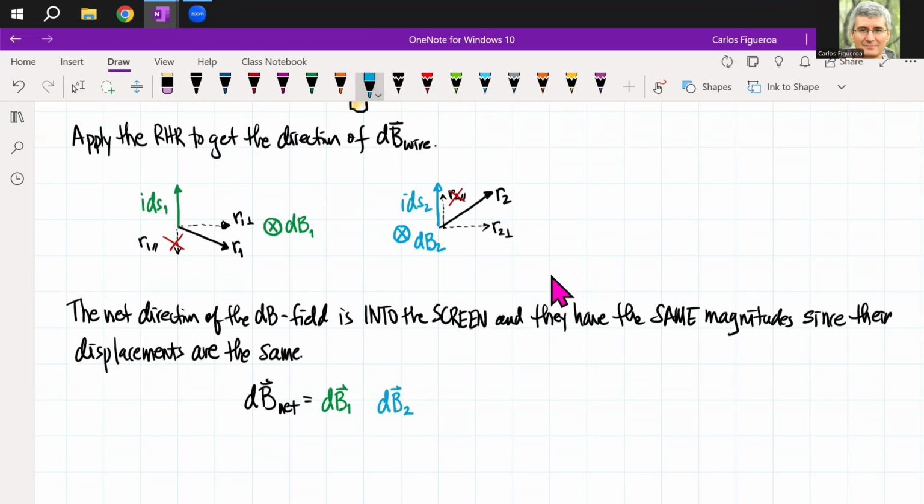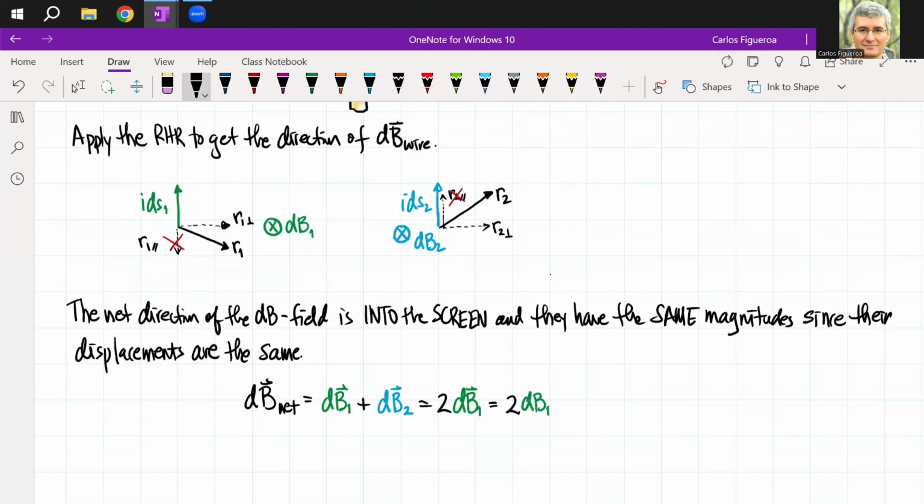And because they have equal magnitudes, I'm going to focus just on dB1. But then I'm going to redefine this thing here. Actually, I'm going to take back what I said. So this is now this guy, and I have this as my magnitude.